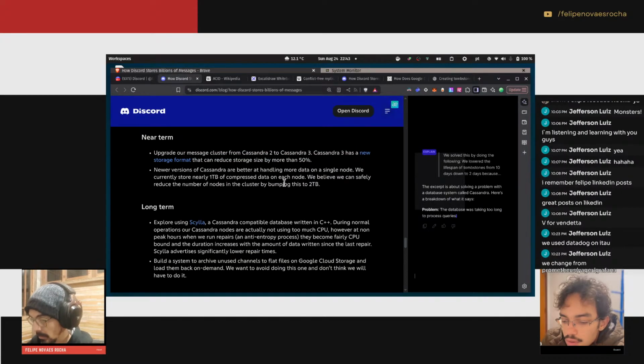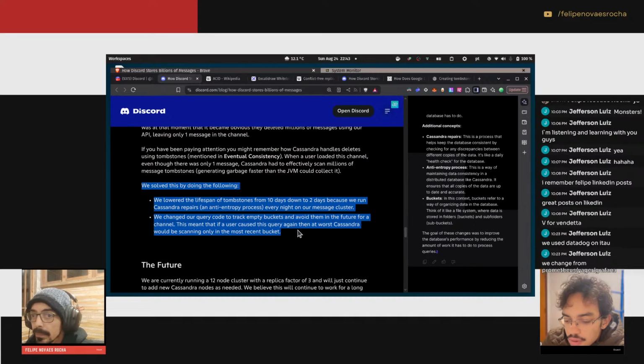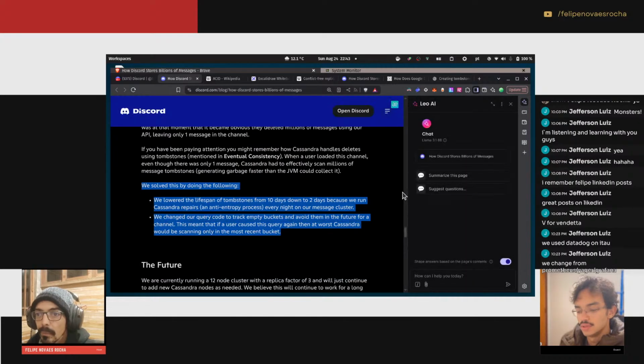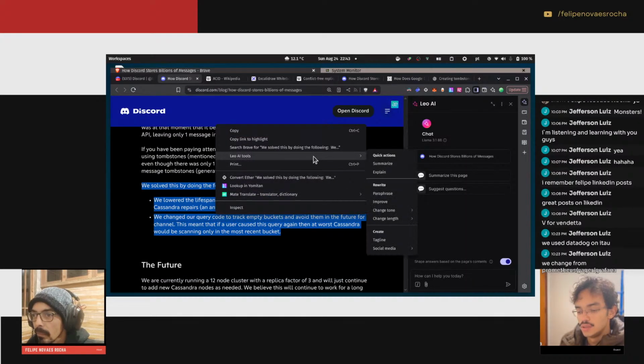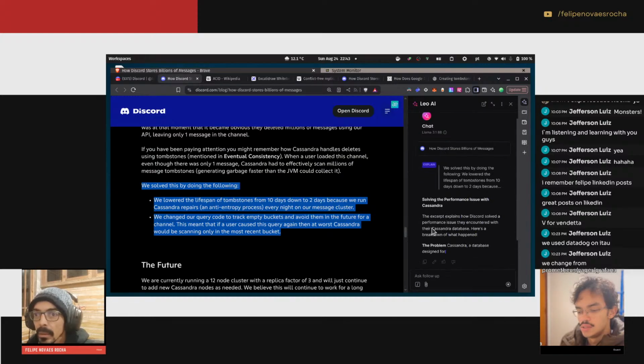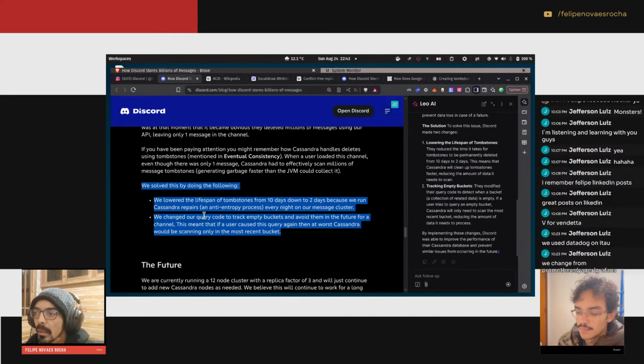We change our query to track empty buckets and avoid them in the future. In the second paragraph. We change our query code.